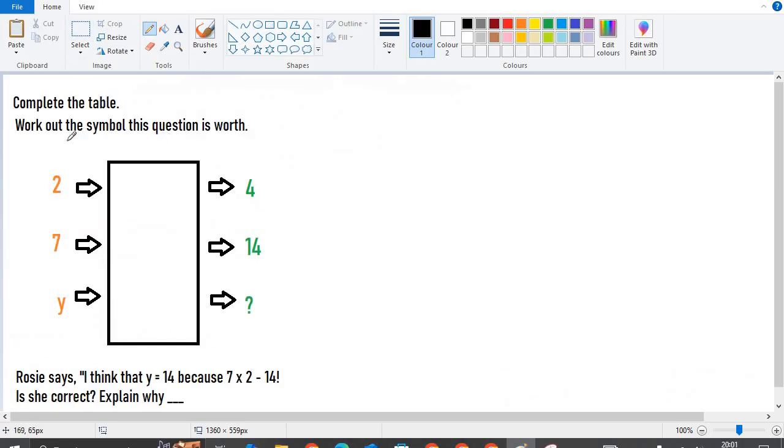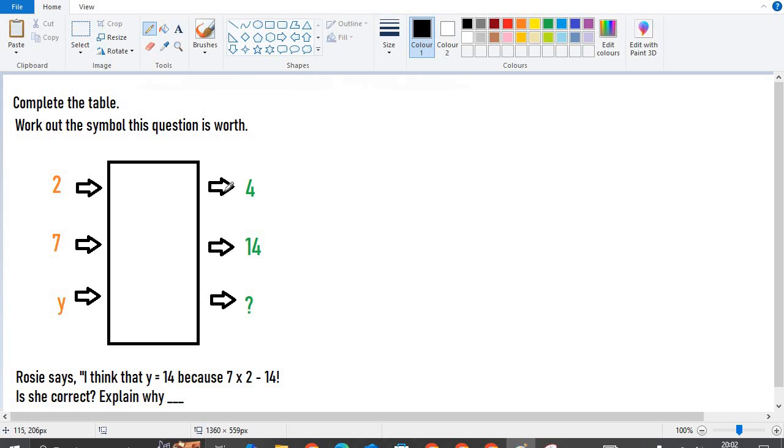In this question, it's asking us to complete the table and work out the symbol this question is worth. I can see that 2 something gives us 4, and 7 something gives us 14, and y something gives us a question mark.